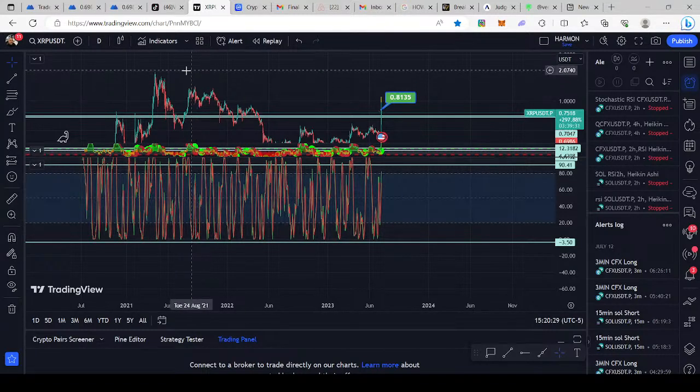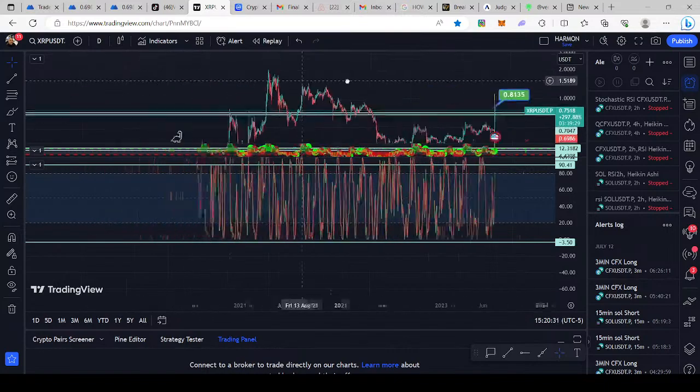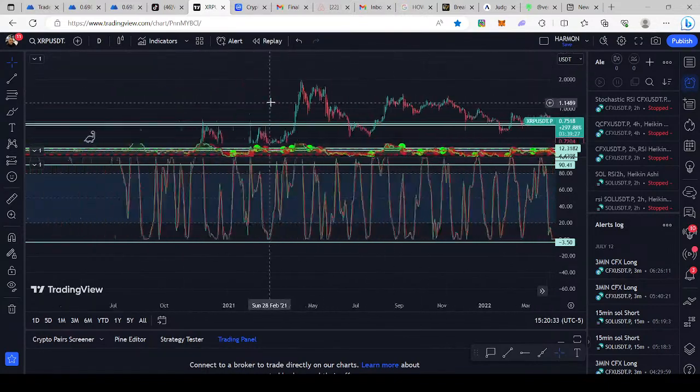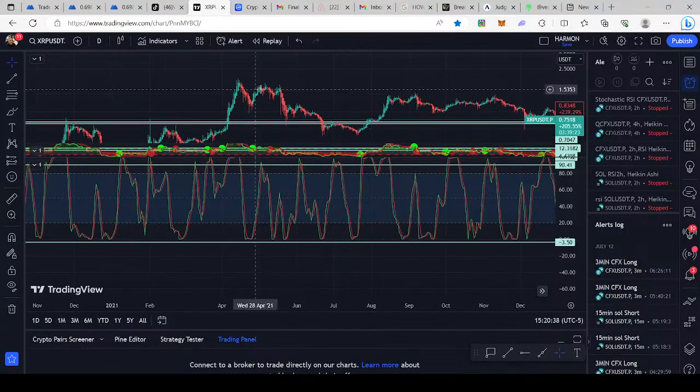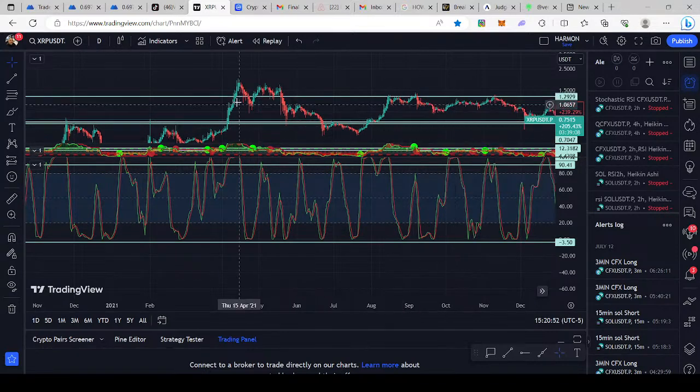The next level, and you don't want that target, you want to kind of come down to where, and this is just me rolling my mouse back and forth, right? So right here we can see there's a support area right in this zone here, and if you look to the next months over, you will see the same thing. So this right here is a solid support area that XRP has hit many times, right?